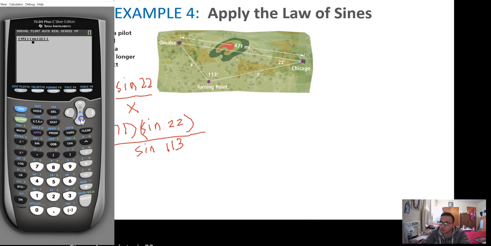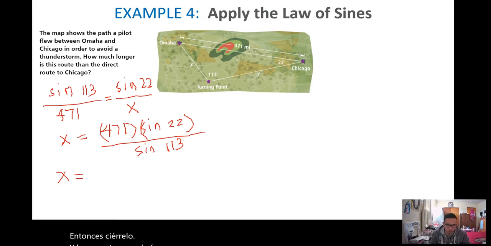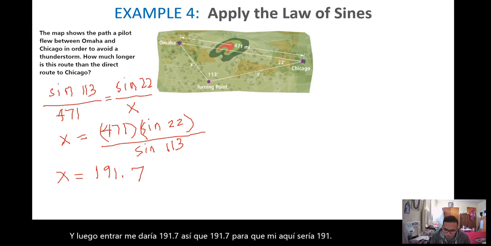I'll double close that, and I'll go down sine 113, then close it, and then enter. It would give me 191.7, so my x here would be 191.7 miles. All right, so this is the value of x.